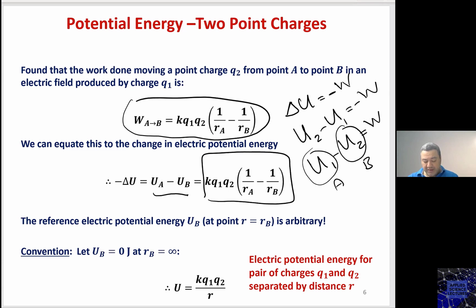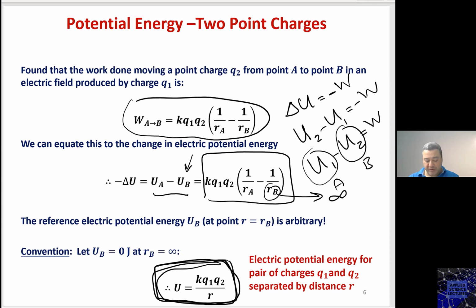Now, if I take the second point RB to be at infinity, which is going to give me a reference of UB being 0, then I can say that the electric potential energy equals KQ1Q2 divided by R, whereas my reference of RB going to infinity would be 0. So this is going to give me the electric potential energy between two charges at one location.